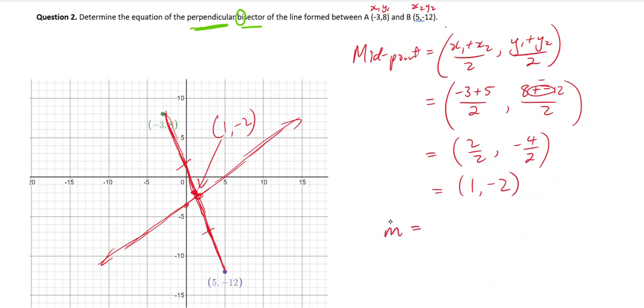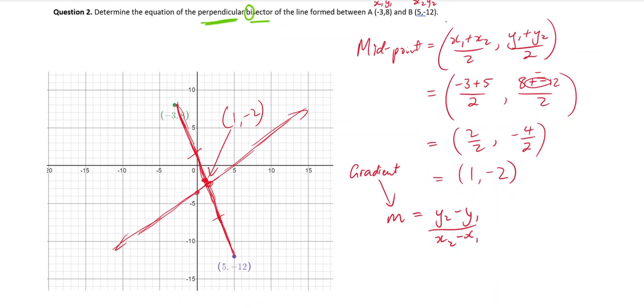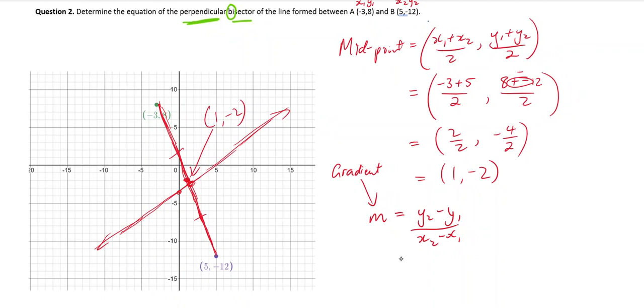So our gradient, remember m, lowercase m, is our gradient, and our gradient formula is y2 minus y1 over x2 minus x1. We've already got it labelled as x1, y1, x2, y2, so let's go ahead and sub those in.